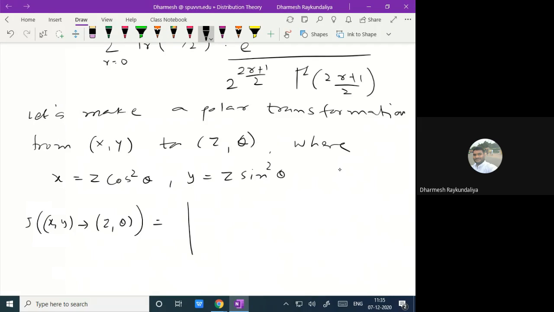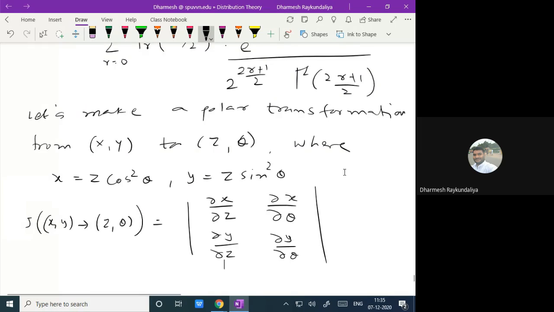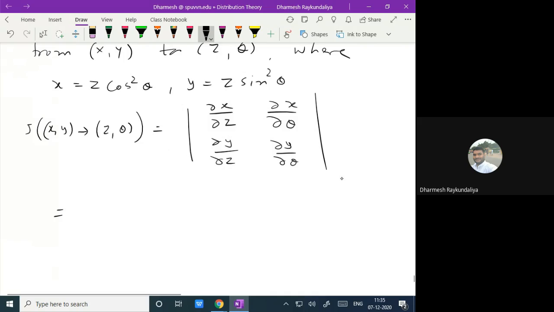It is nothing but the derivative of x with respect to z and derivative of x with respect to theta, derivative of y with respect to z, and derivative of y with respect to theta. What is that? When you take the partial derivative of x with respect to z, it is nothing but cos square theta.